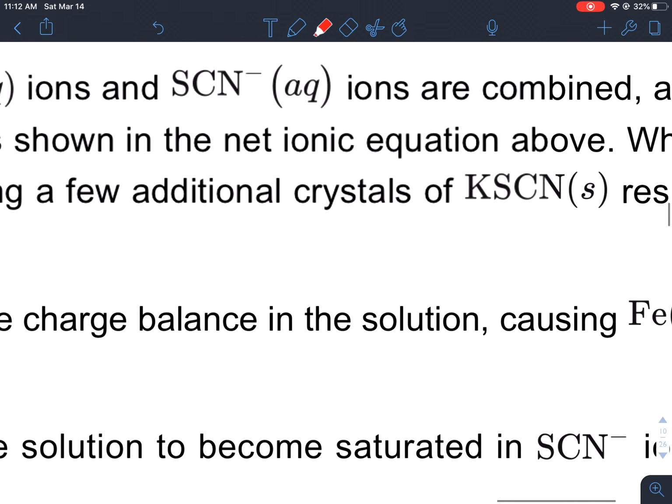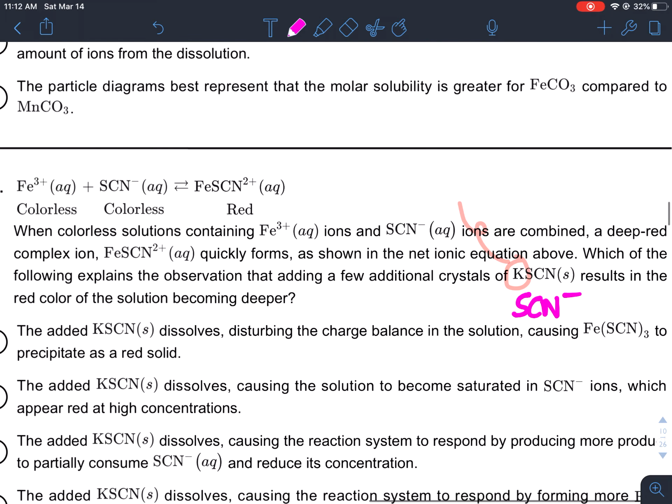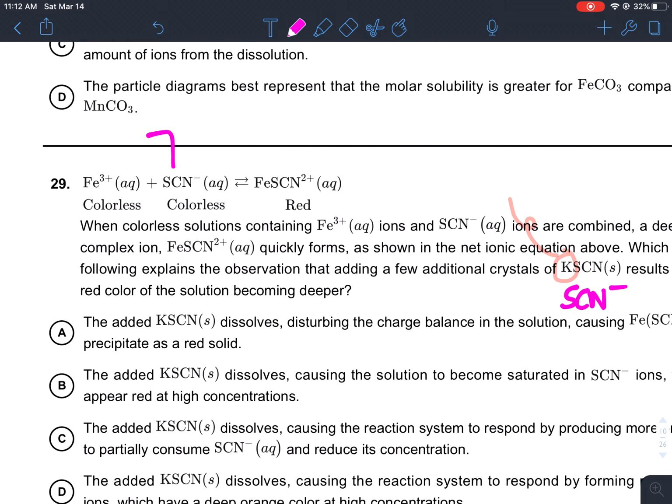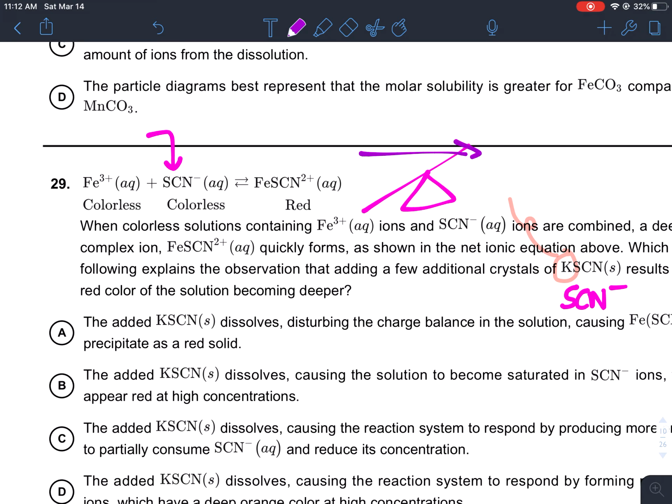Remember I said that whenever you see K, you've got to think that's a spectator. It goes away. So what is this really adding? It's adding SCN-. That's what's adding to the equation. So if I add more SCN- to the equation, think of your Le Chatelier principle, your Le Chatelier seesaw. The reactant side gets heavier, so you produce more product to get there.